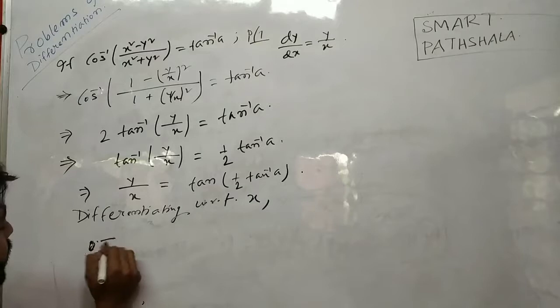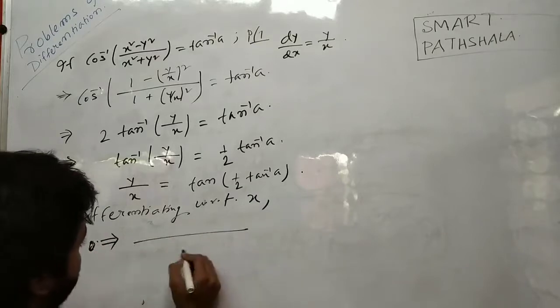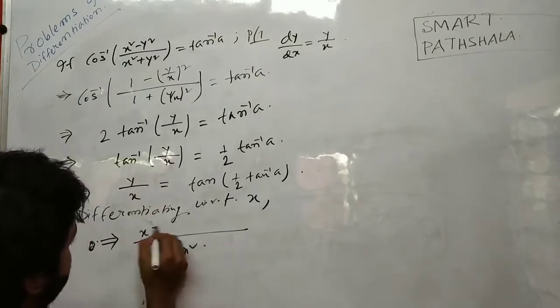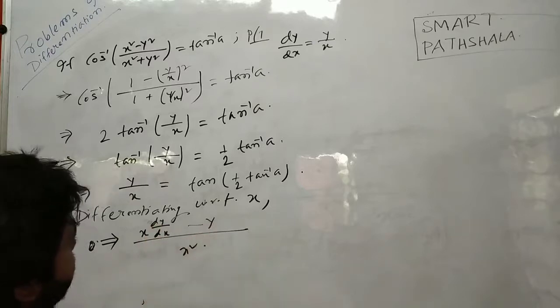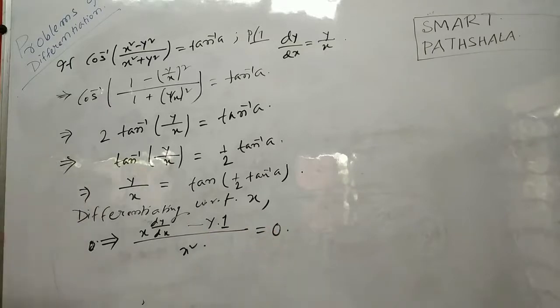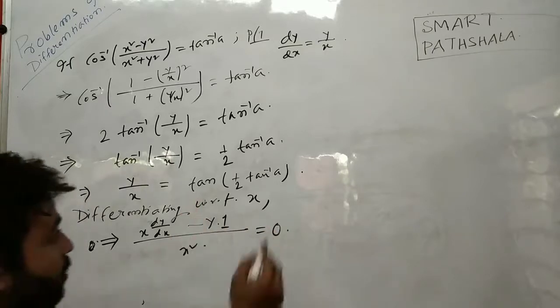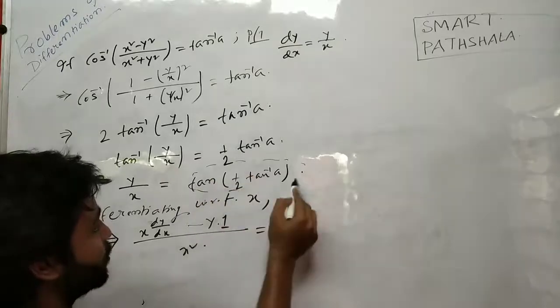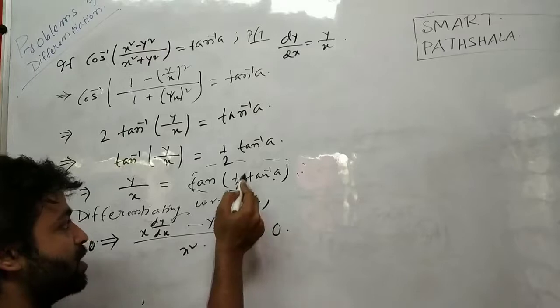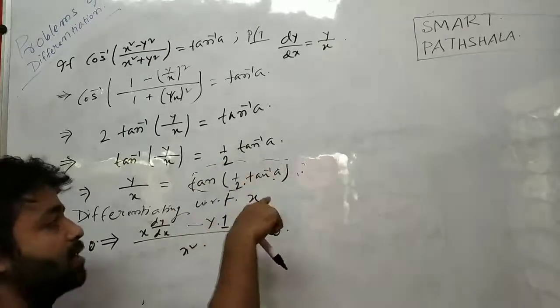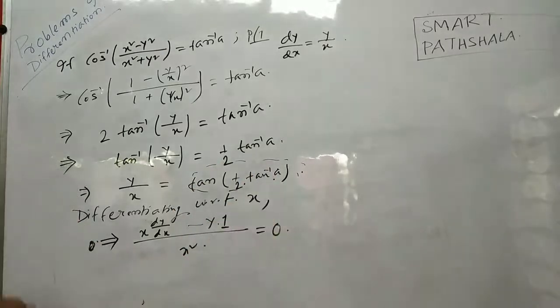What we will get is (x into dy/dx minus y into 1) by x square. That will be 0 because this term is nothing but constant. Because a is constant, so tan inverse is constant, half tan inverse is constant, that means the full tan of that half of tan inverse a is constant, right?